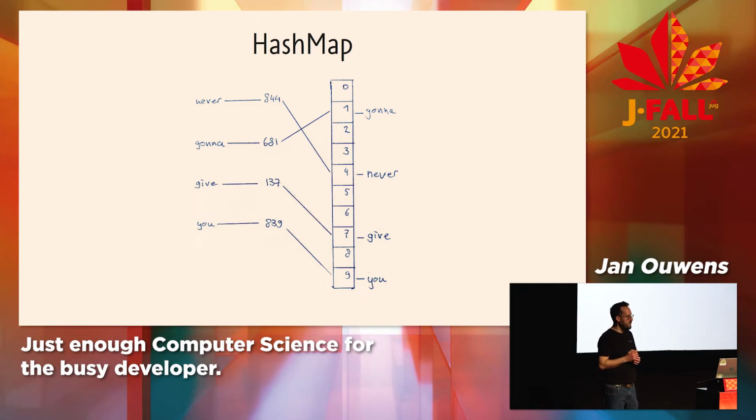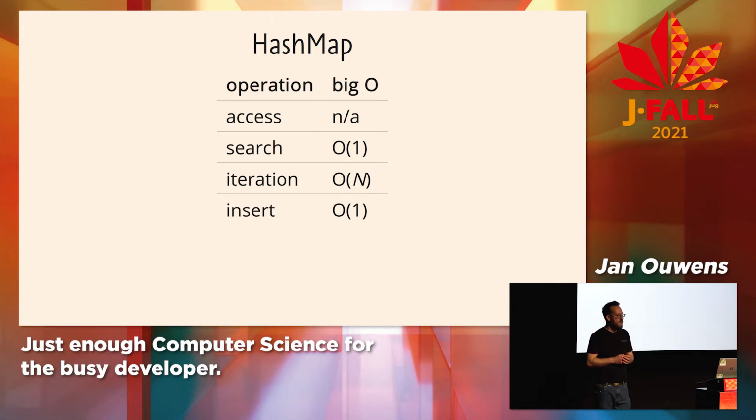So if you want to add another value, you just calculate the hash code and find the bucket and add it there. That's how a hash map basically works. And for hash maps, access and search is basically the same thing. It has O(1). Iteration, of course, it has n elements, and if you want to iterate over all of them, that has O(n) as well. And inserting is very easy, it also has O(1).